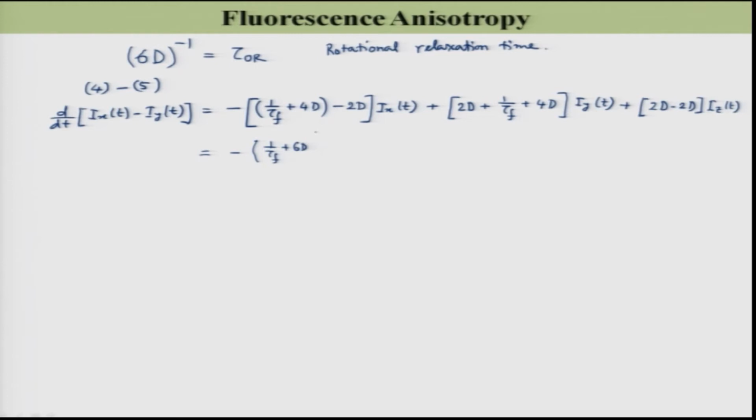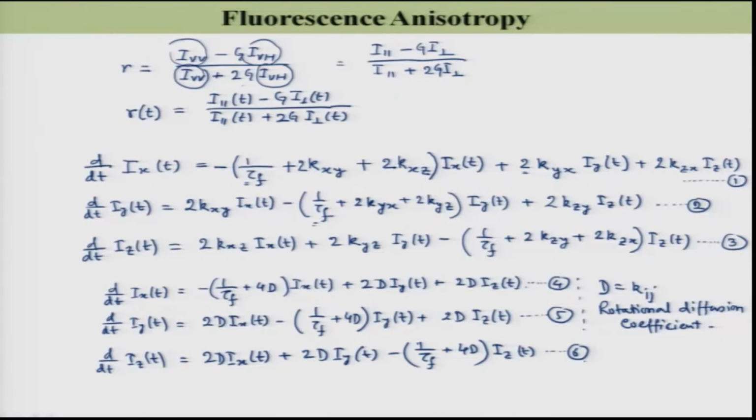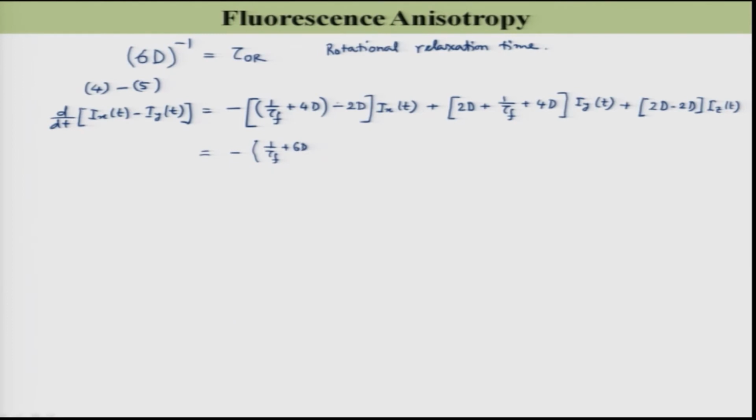So, there is some mistake: minus 1 over tau_f minus 4D minus 2D. So, then this should be plus. So, then 6D times I_x(t) plus 1 over tau_f plus 6D I_y(t), and here this is nothing, right.